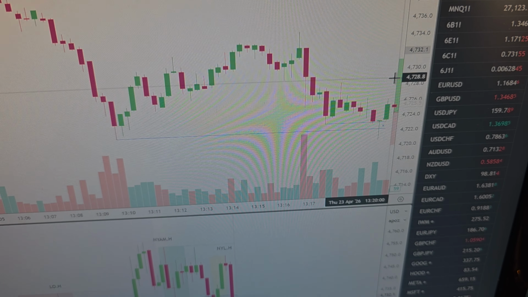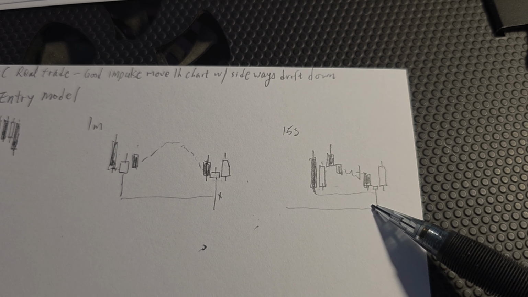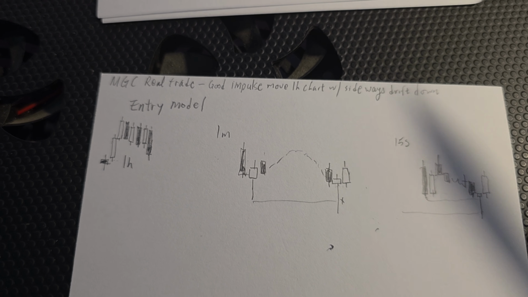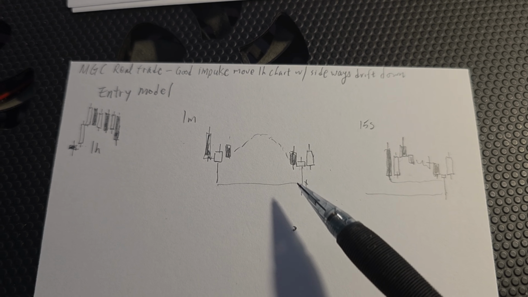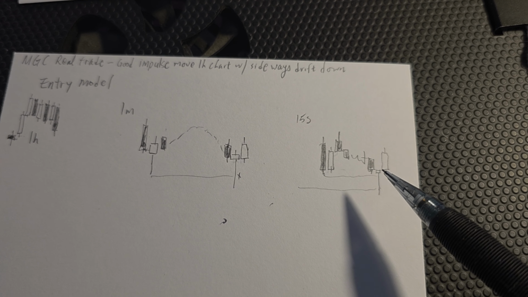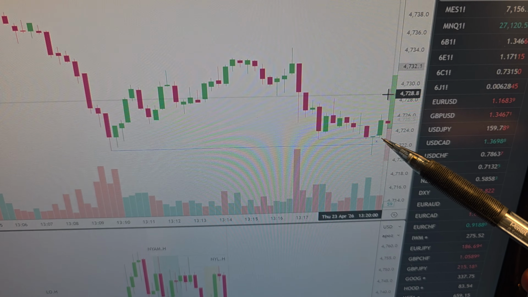This is why we're spending all this time drawing this out, putting it in our muscle memory, trying to remember what all it looked like on the 1 hour and the 1 minute. Because we are acting, time is of the essence at the moment of entry, the decisions being made there.